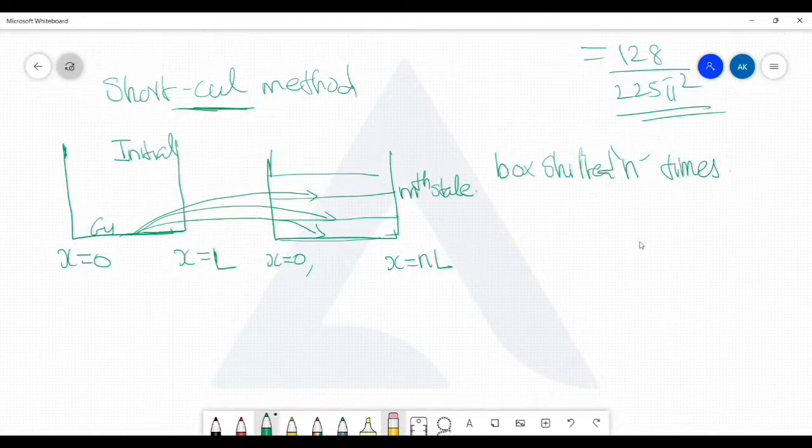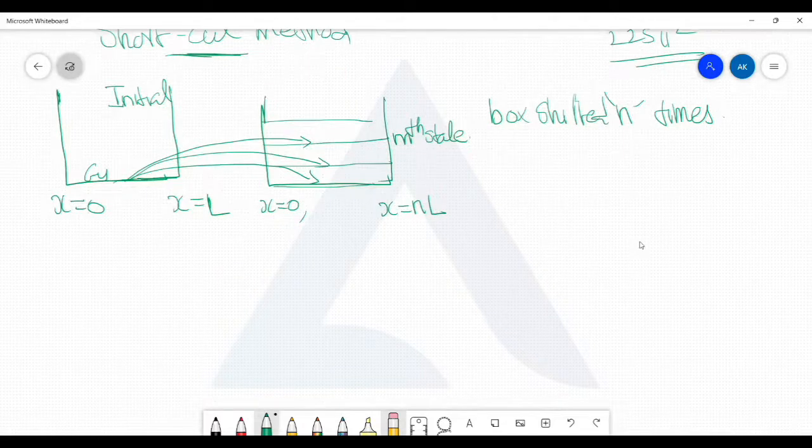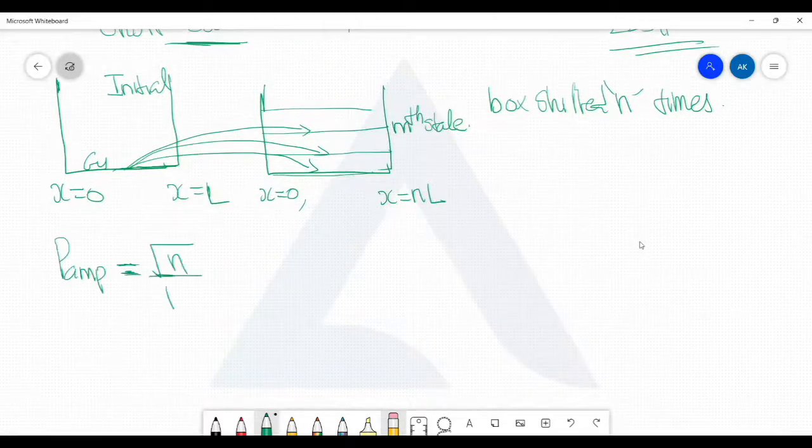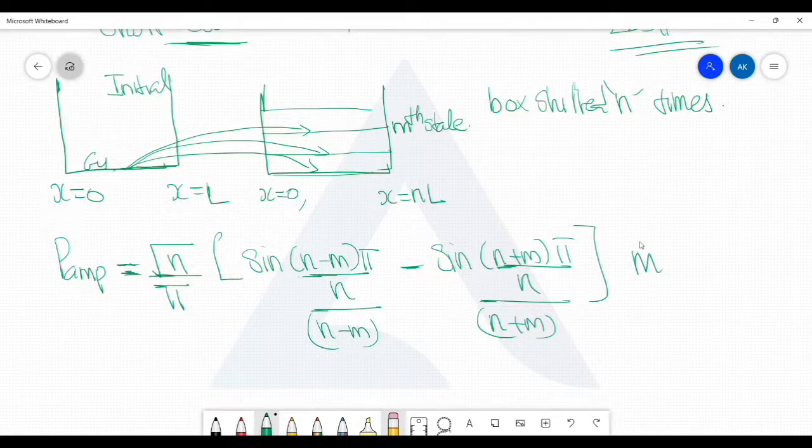So the probability amplitude is equal to root n by pi, sine((n minus m) pi by n) divided by (n minus m), minus sine((n plus m) pi by n) divided by (n plus m), where m is not equal to n.